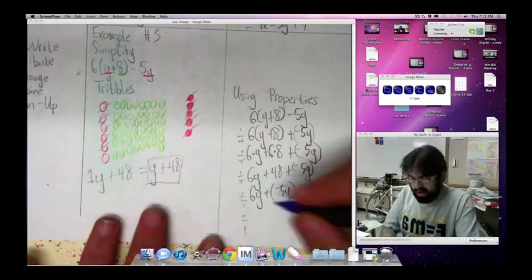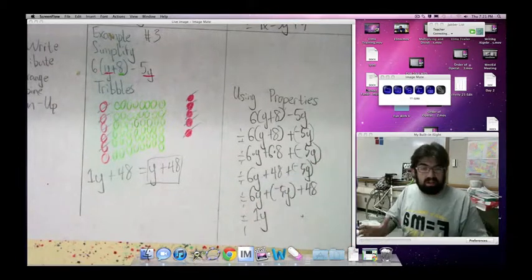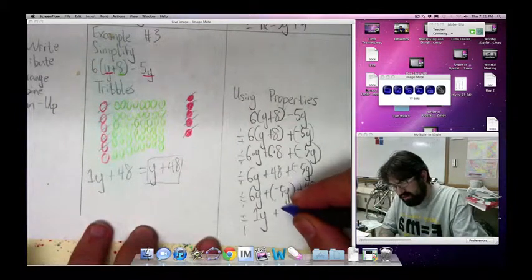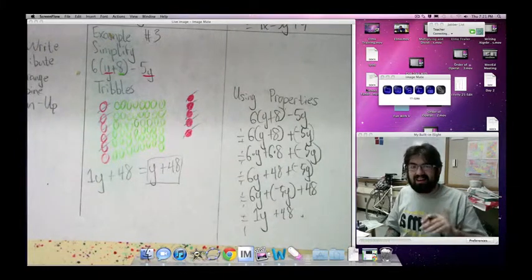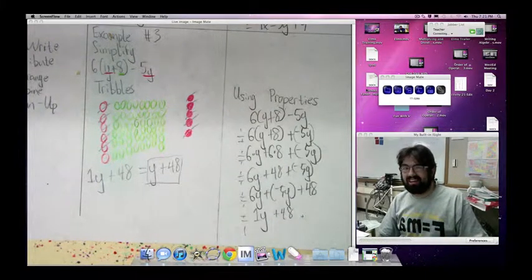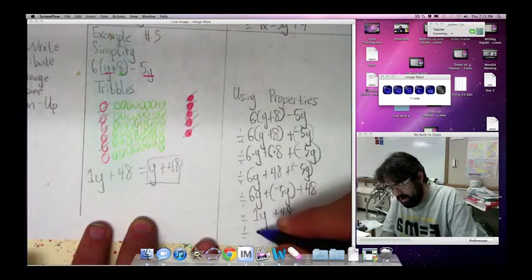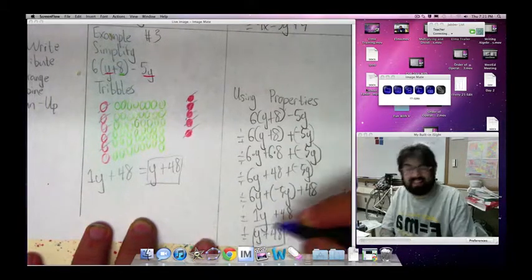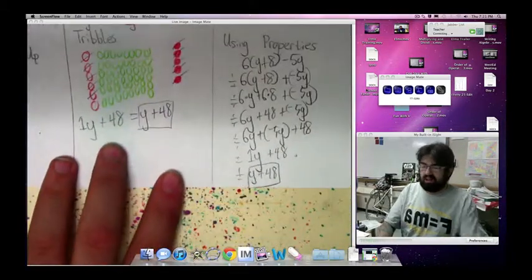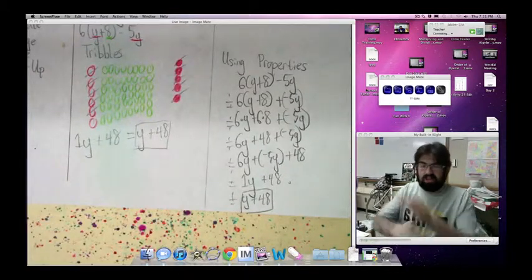I'll write 1y right now, but again, I'm not going to get in the habit of doing that. So they both got a y. Y doesn't vanish. Plus 48. The answer is not 49y. Not 49y. It is equal to y plus 48. Done. I cannot combine y and 48 together. It is y plus 48. That's all you can do.